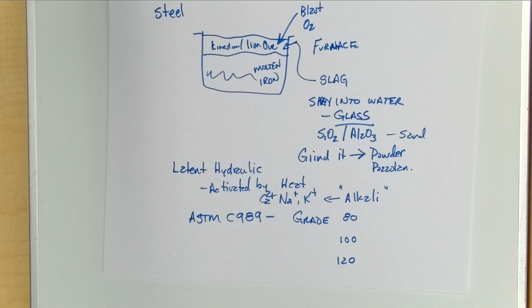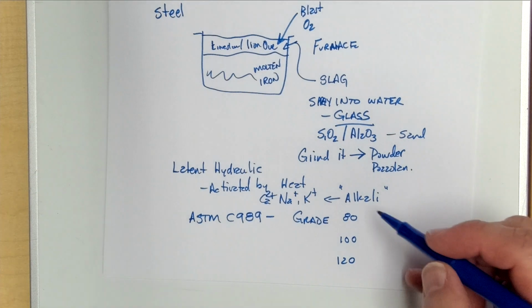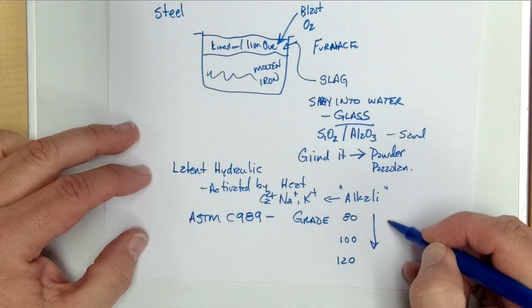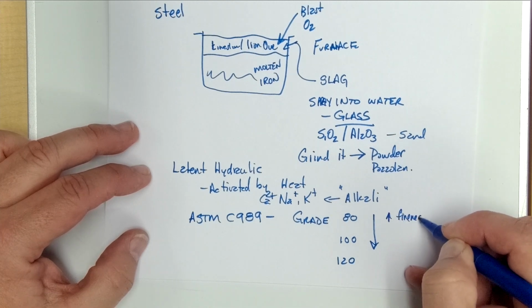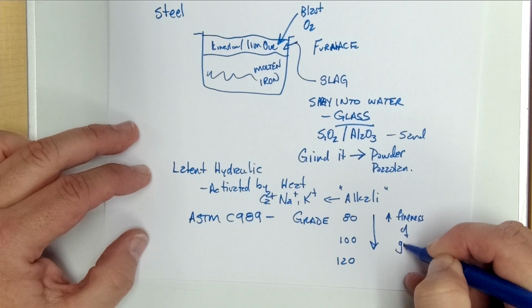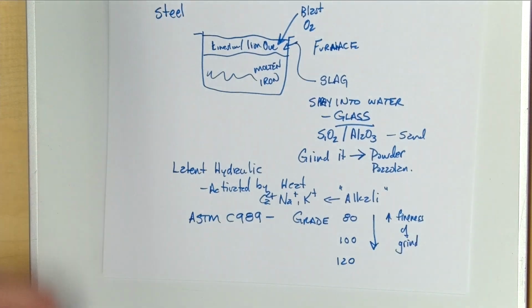Grade 80, strength's going to be 80% at least. Grade 100, it'll be the same. 120, it'll be higher. And of course, we control that by grinding it finer. In general, this is an increasing fineness of the grind. Finer the grind, the smaller the particles, right?